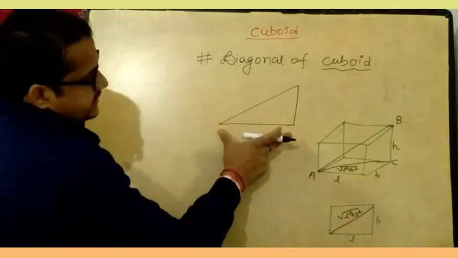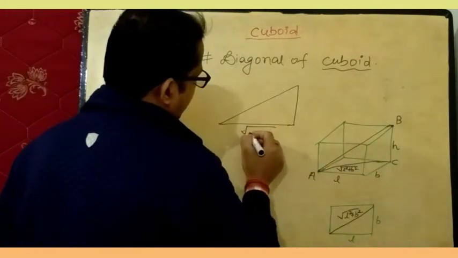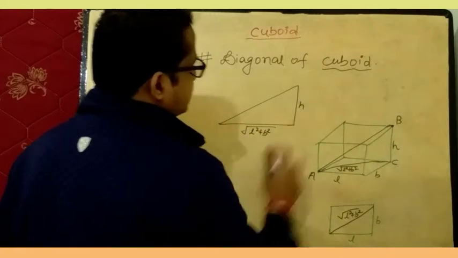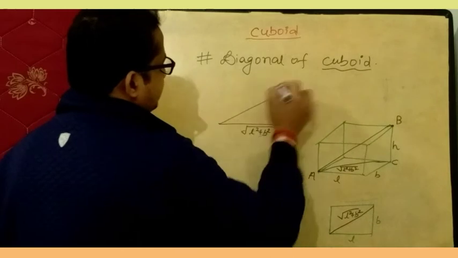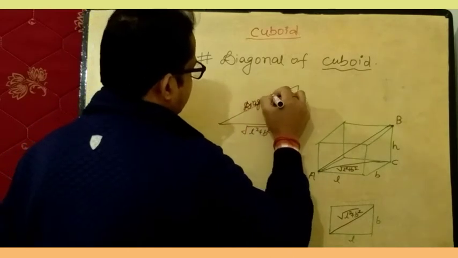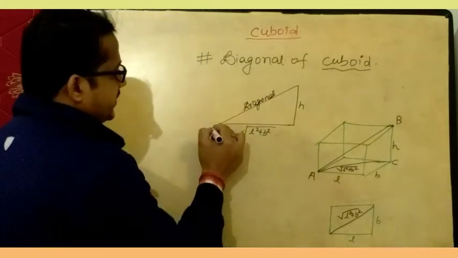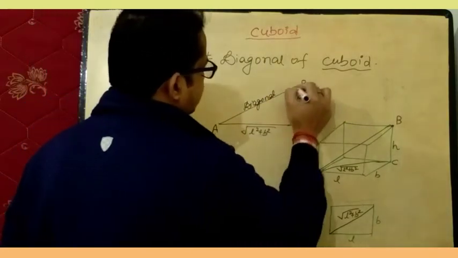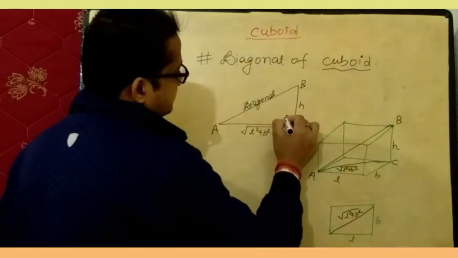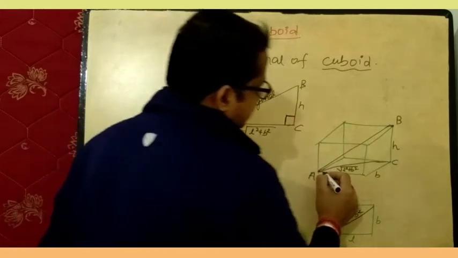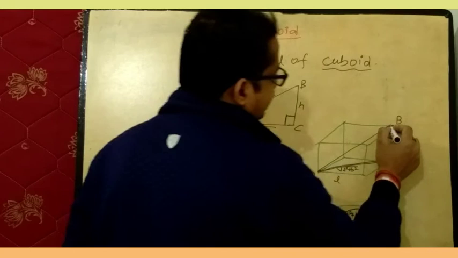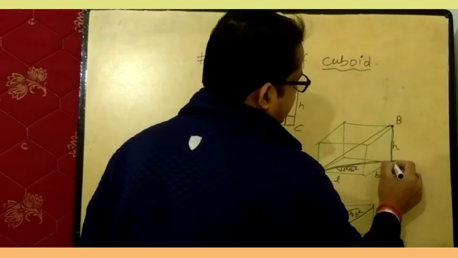This length is equal to root over L square add up B square. This is H and this is the diagonal of the cuboid. This is A, this is B, this is C, and this angle is 90 degrees. That is, this is the diagonal of the base portion and this is the height of the cuboid.